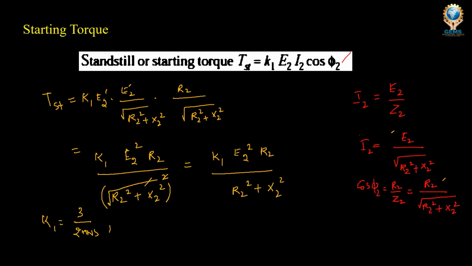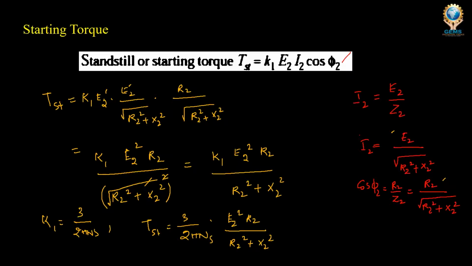If you put this value here, you will get Tst equal to 3 divided by 2 pi ns into E2 square R2 divided by R2 square plus X2 square. We can replace this with Z2 also.